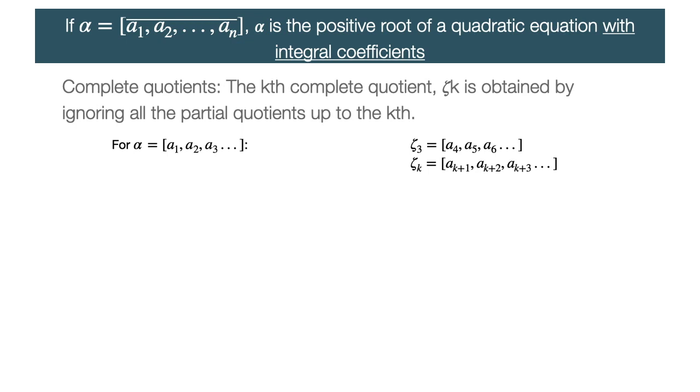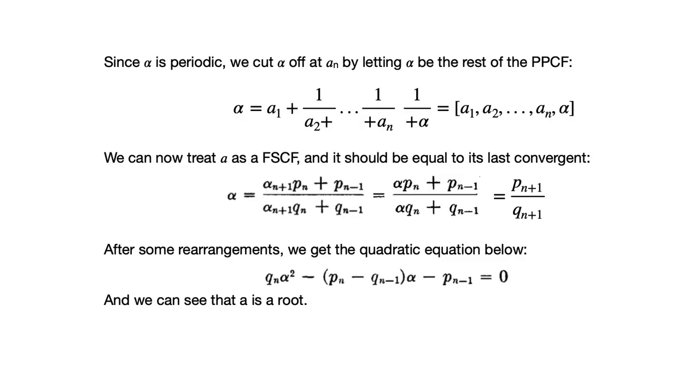For example, here alpha is equal to a1, a2, a3, ..., and we are just ignoring terms. Okay, so since alpha is periodic, we can cut off alpha at a_n by letting alpha be the rest of the purely periodic continued fraction. So alpha would be the nth complete quotient.